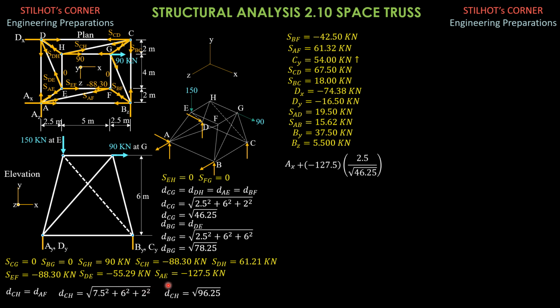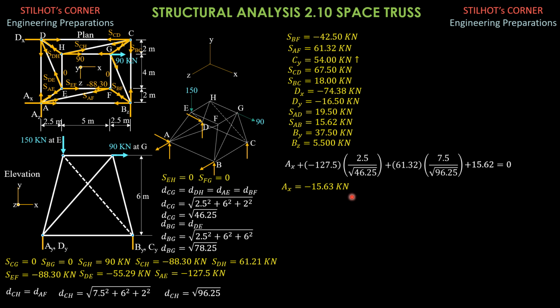SAF is 61.32 times 7.5 over square root of 96.25, distance AF. Then plus SAB, and SAB is 15.62, equals 0. So from there we can solve AX, and AX is negative 15.63 kilonewtons.